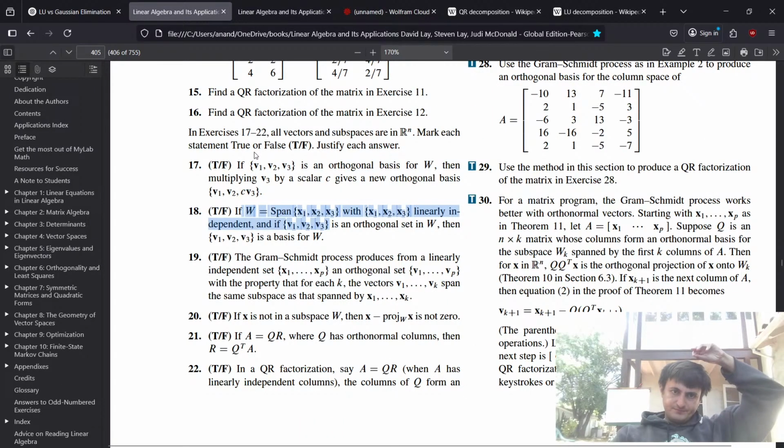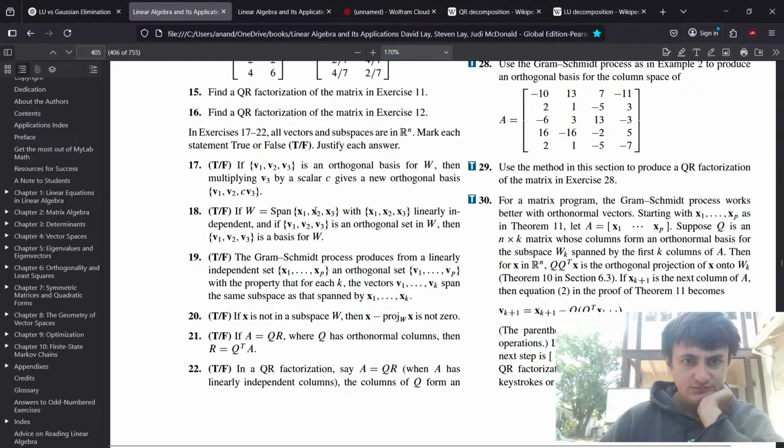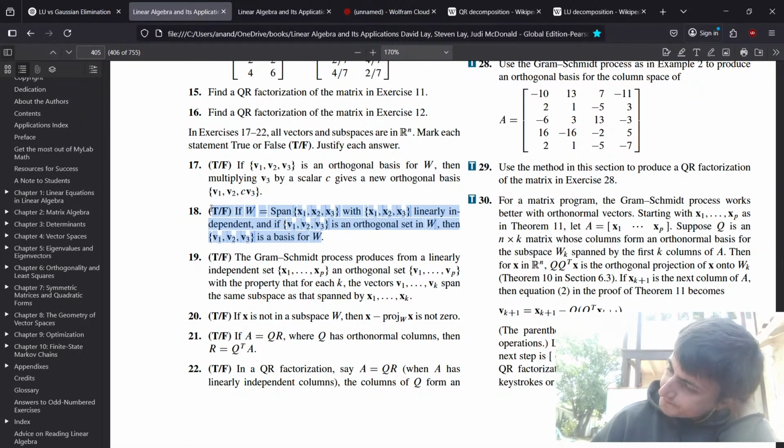So, this is false because we don't know what the... Oh, wait. Oh, I now know what this means. This is true. That's true.